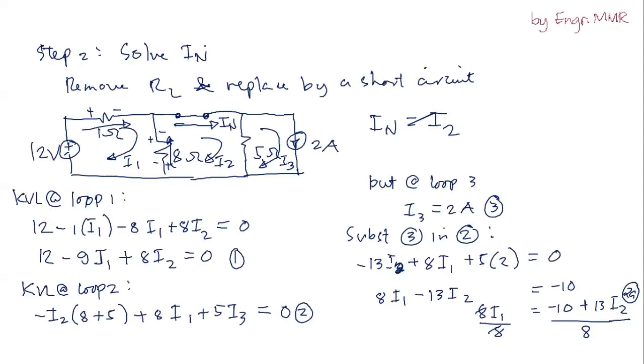Let's substitute 2A in equation 1. So what is our equation 1? 12 minus 9 I1 plus 8 I2 equals 0.